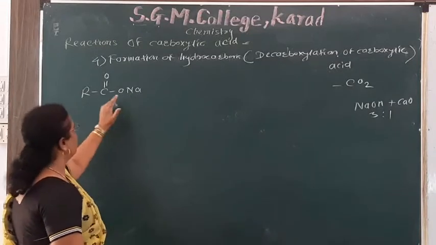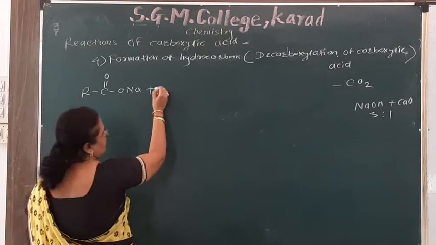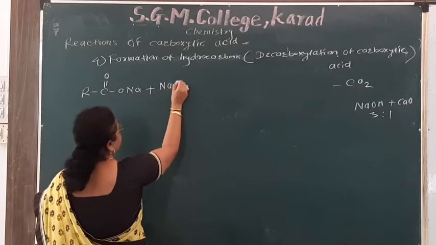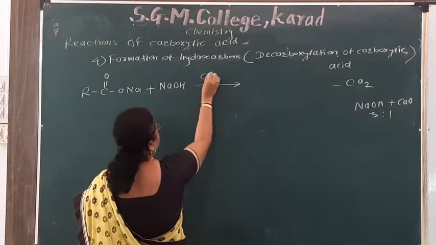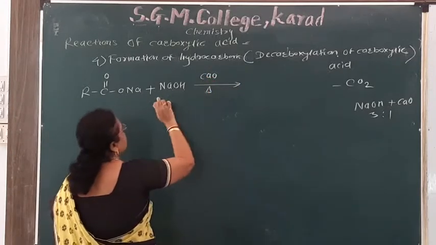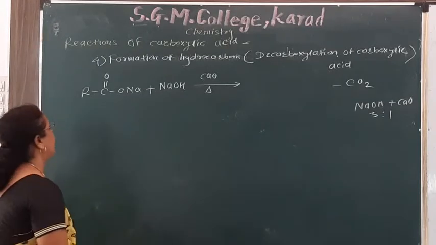Here sodium salt of carboxylic acid is heated with soda lime, that is NaOH. Then we get hydrocarbon.